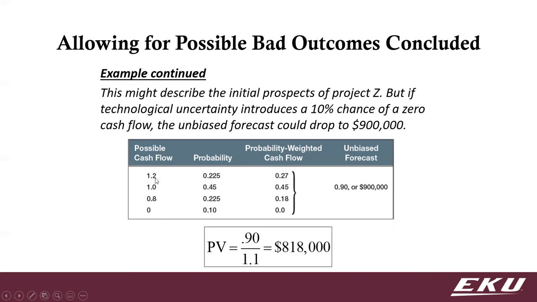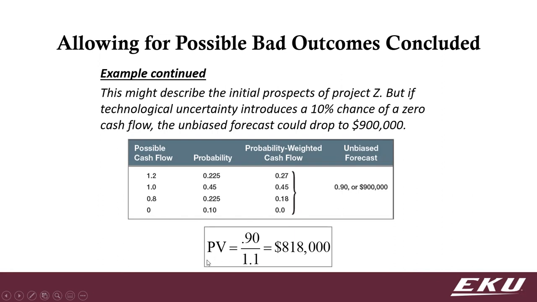So again, we multiply it out, right? 1.2 million times the 0.225, 1 million times 0.45, 800,000 times the 0.225 again, and then 0 times anything is 0, right? You add it up, and well, it's actually only going to be 90% of the 1 million, or 900,000, right?